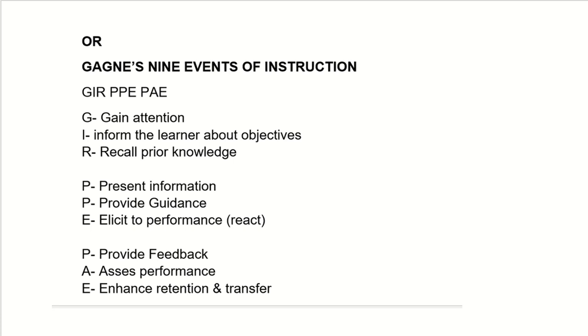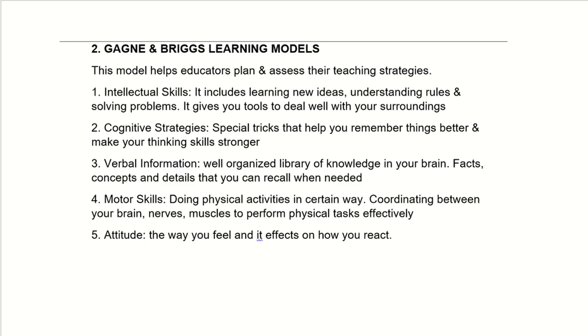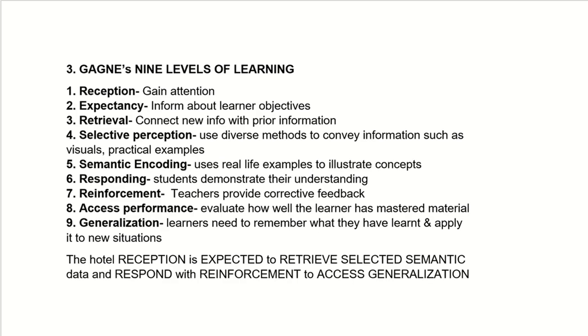Okay, and now we move to another of Gagne's hierarchy of learning. So Gagne has basically given 4 learning models. First is Gagne and Briggs. The second is Gagne's 9 levels of learning, which is reception, expectancy, retrieval, selective perception, semantic encoding, responding.